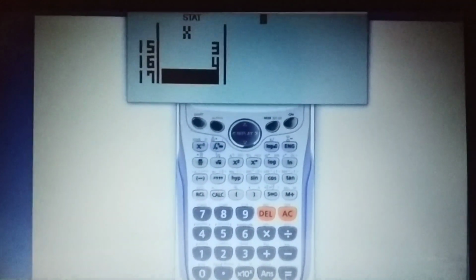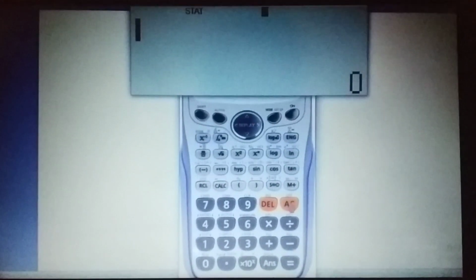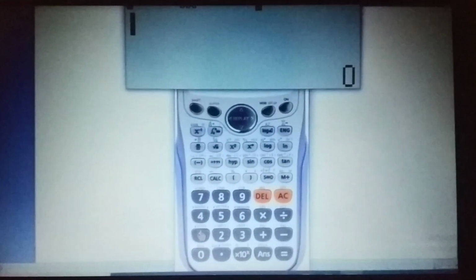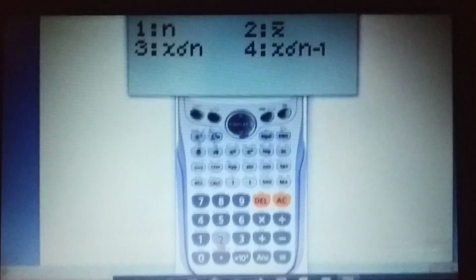After entering them, I clicked on all clear AC, then shift, then 1, then the fourth option is VAR, then the second option is x bar, and we have the mean equal to 1.